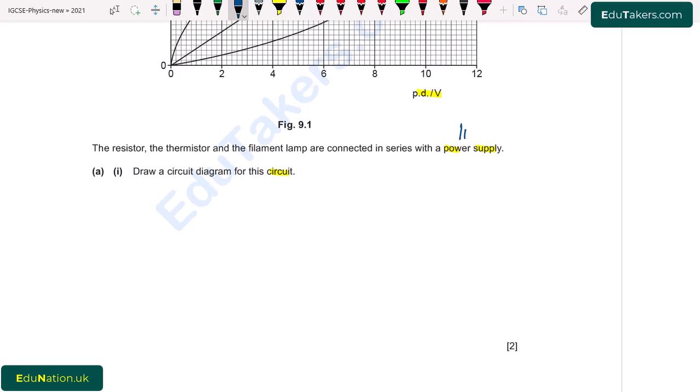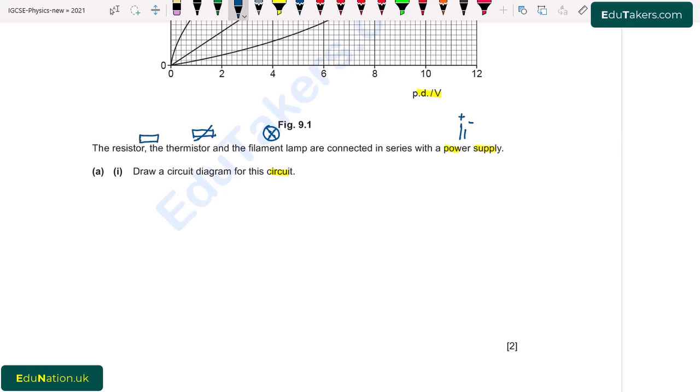It has two terminals, one is positive and the other is negative, while the filament lamp is represented by this symbol. And the thermistor is just like a resistor with a small change, that its resistance value is not fixed, and the symbol of resistor is this one.